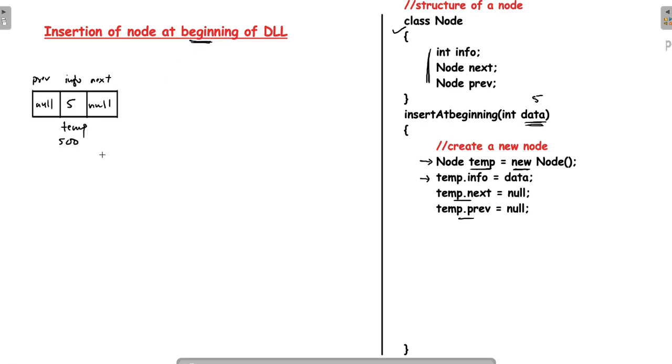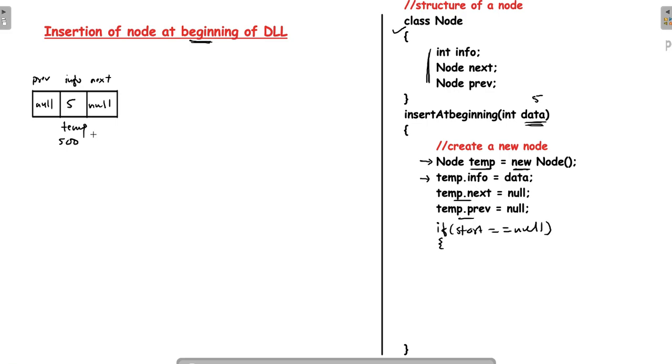So we have to check whether the existing list is available or not, and how do we check it? We will have one pointer whose name is start, and if start is null, sorry, it should be double equals, if start is null, what it means is we do not have any list in which we want to insert.